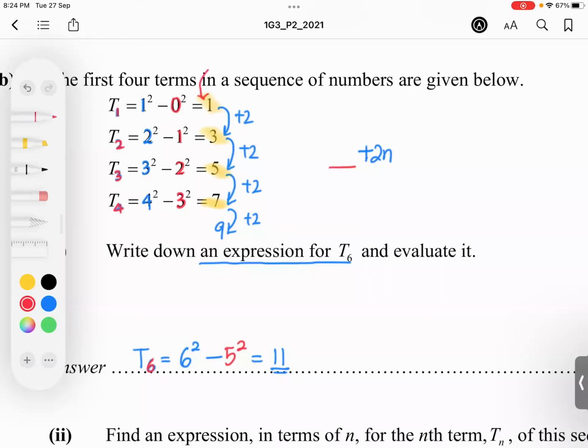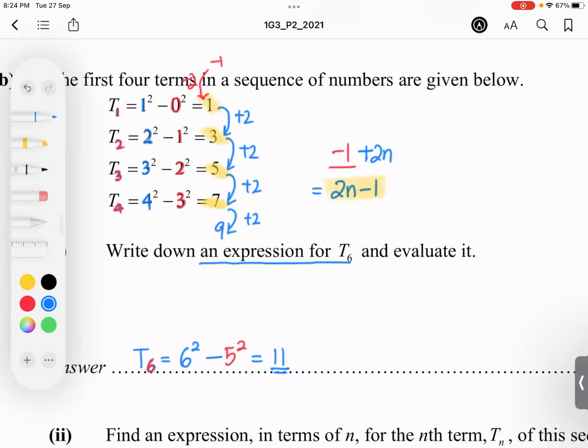Negative 1. So minus 2, sorry, I minus 2 down here. I get the number negative 1. So in order to write it properly, I'll get 2n minus 1. They are the same. So this 2n minus 1 actually summarizes the nth term for all this column over here in yellow, the one that I highlighted in yellow.